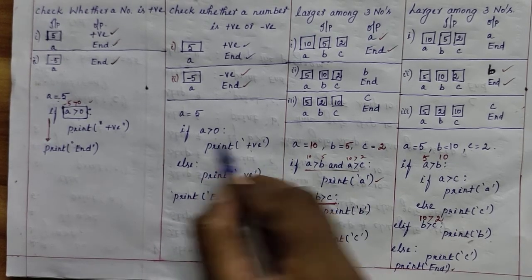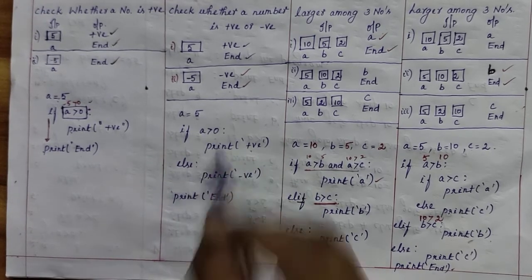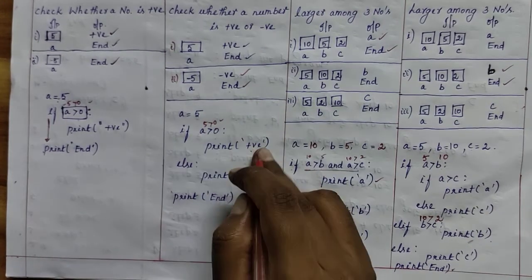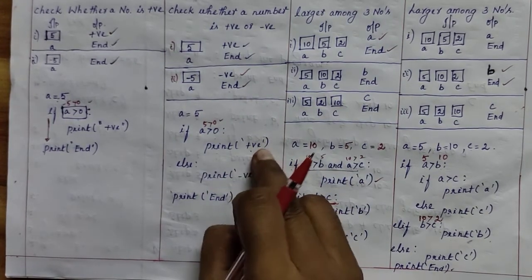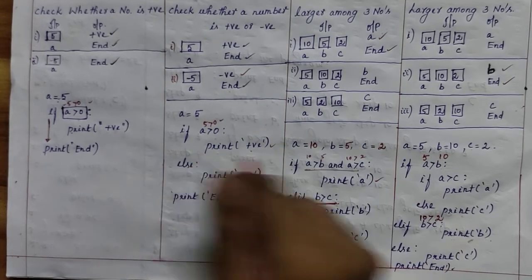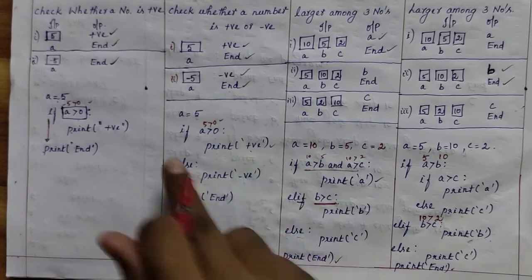If I give the value for a as 5, is 5 greater than 0? Yes, the condition is correct. Therefore, the statement inside the if block will be executed, and once the if block is executed, the statement within the else block will never execute.